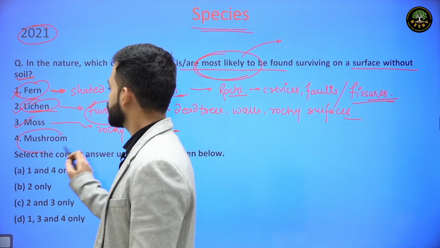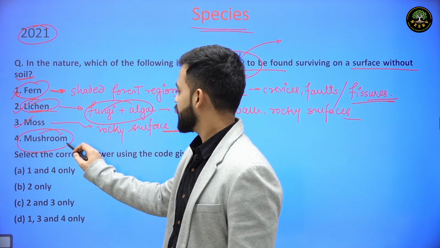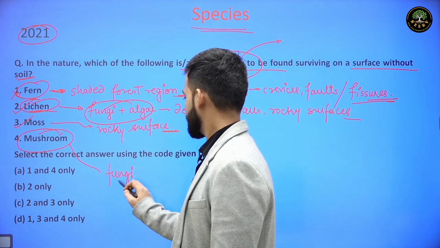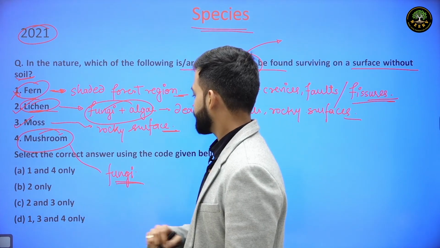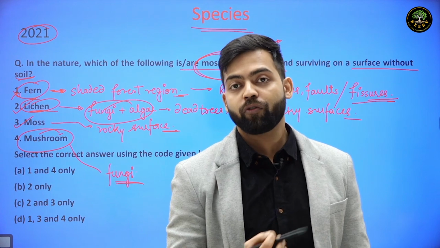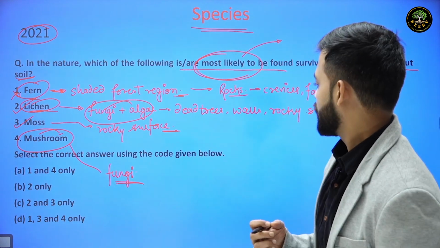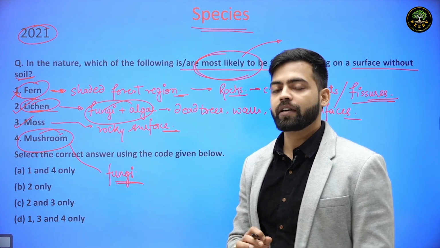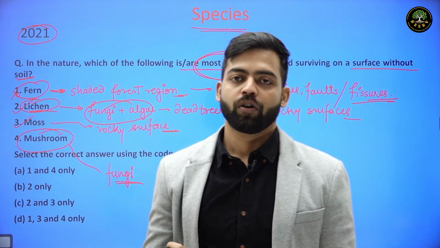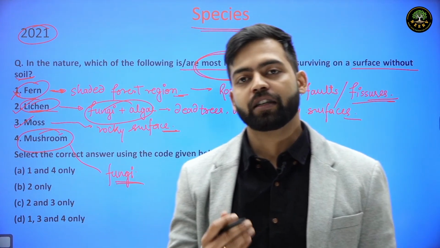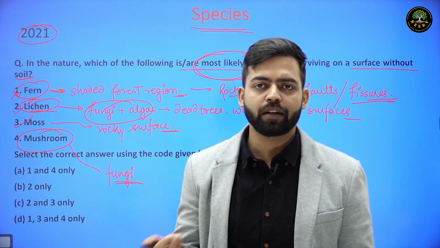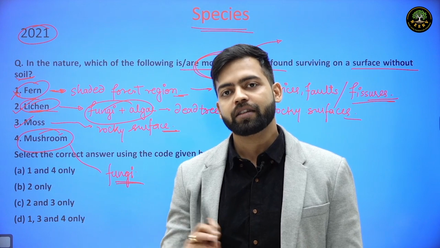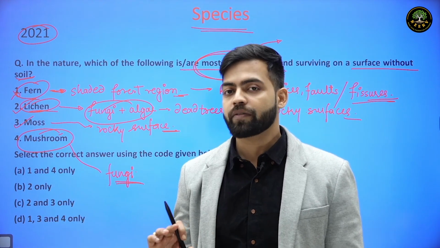Now, as far as mushrooms are concerned, mushrooms are basically fungi, umbrella shaped fungi. That's why they are also called sporophore. So as far as mushrooms are concerned, they are usually cultivated in healthy soil. Okay, as far as cultivation is concerned. As far as growth is concerned, they can either grow in soil, in surfaces having soil, as well as in dead plants or rocky surfaces as well.